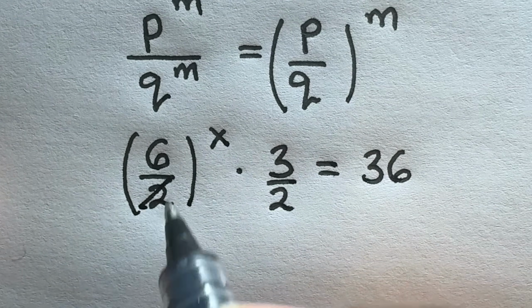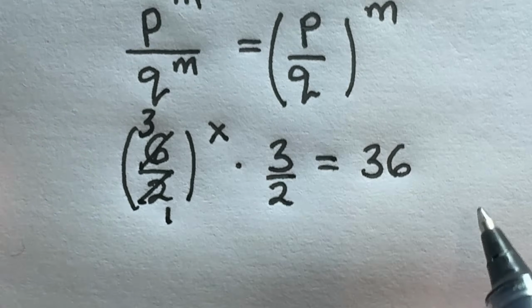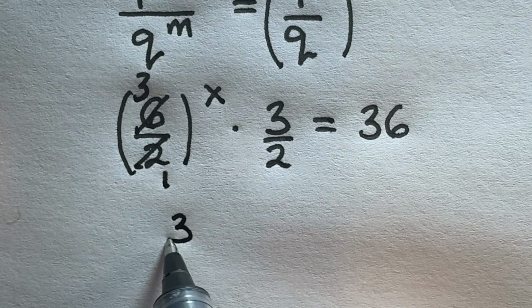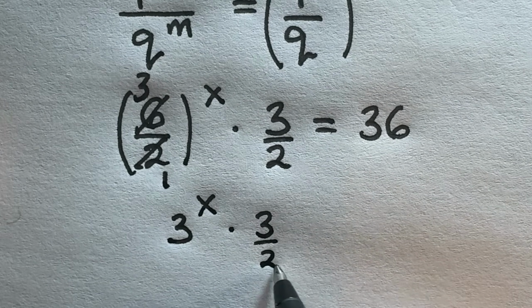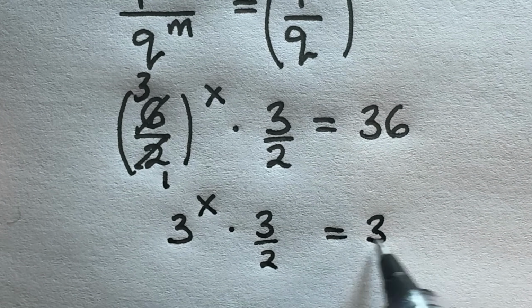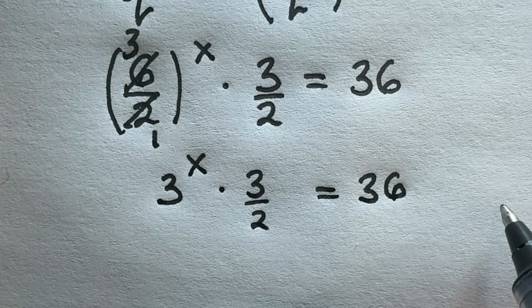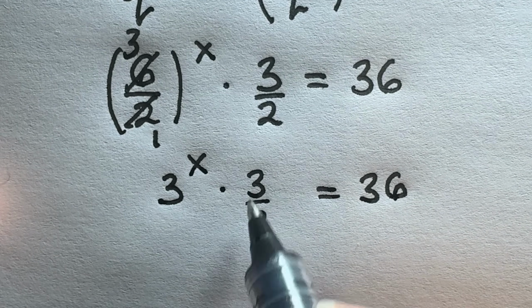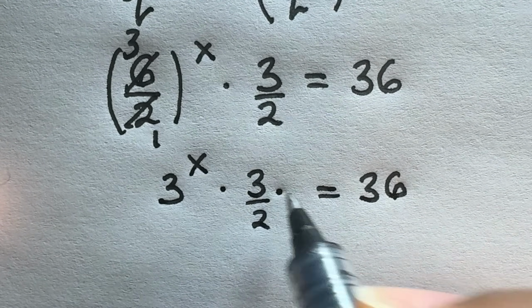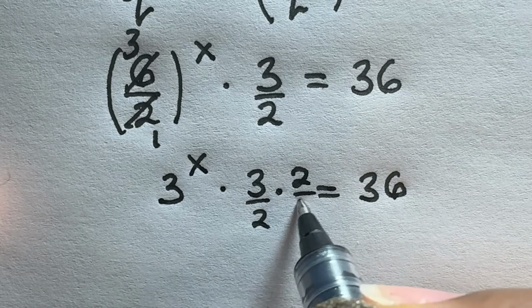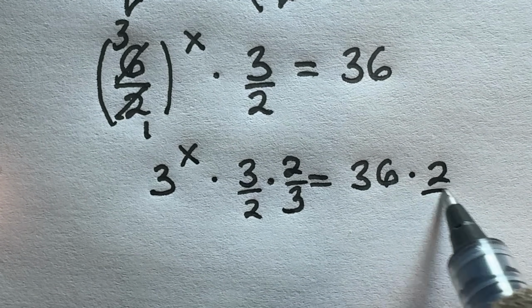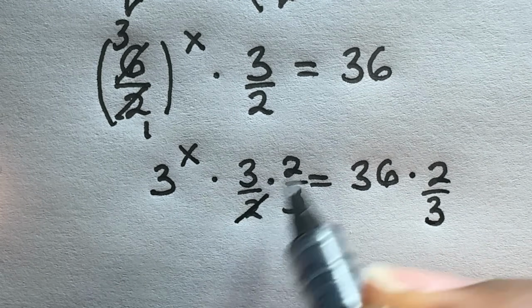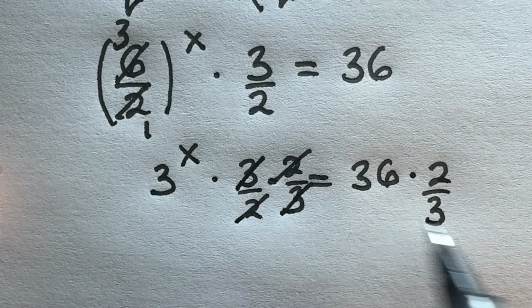6 divided by 2 is 3, giving us 3 raised to power x times 3 over 2 is equal to 36. To get rid of this 3 over 2 from this side, let us multiply both sides by 2 over 3. 2 cancels 2 here, 3 cancels 3 here.